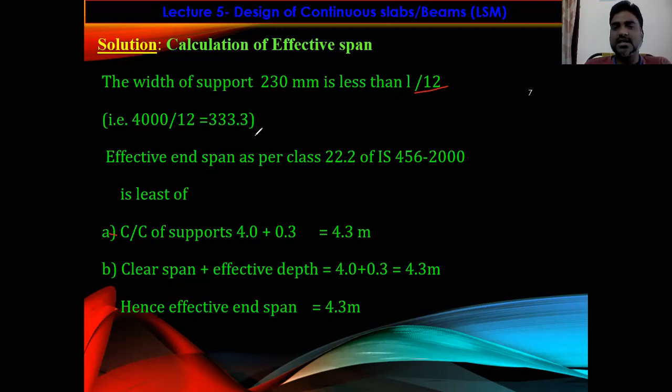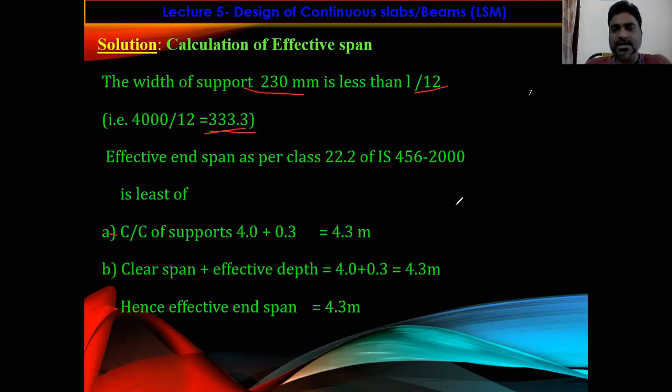If it is greater, then another two cases will come. So you need to check whether it is less than or greater than. Here the clear span by 12 is 333.3. Our width of the support is 238. So it is less than L by 12.